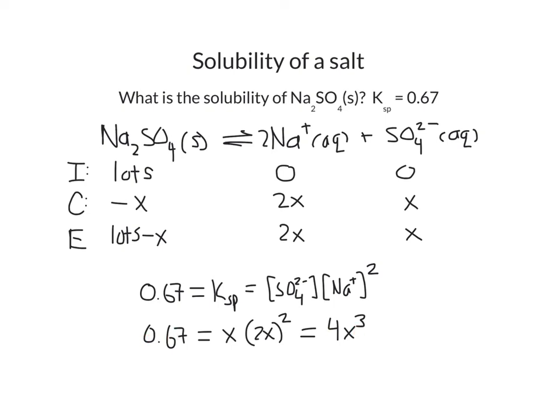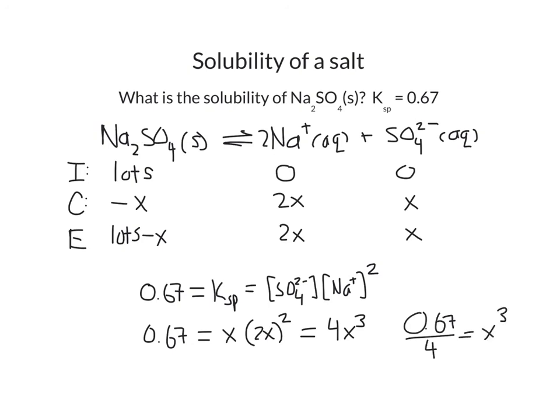And now I can just solve for X, and X, notice, will be the amount of sodium sulfate that has dissolved, and that is the solubility of sodium sulfate. So if I find X, I know the solubility of sodium sulfate. So to solve for this, I'm going to take 0.67 and divide by 4. That's going to be equal to X cubed.